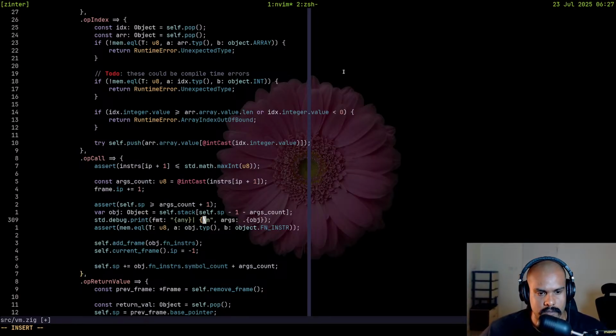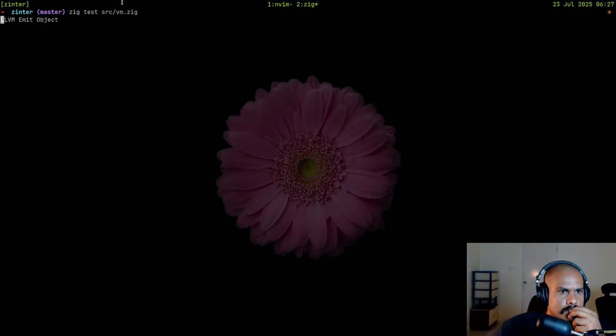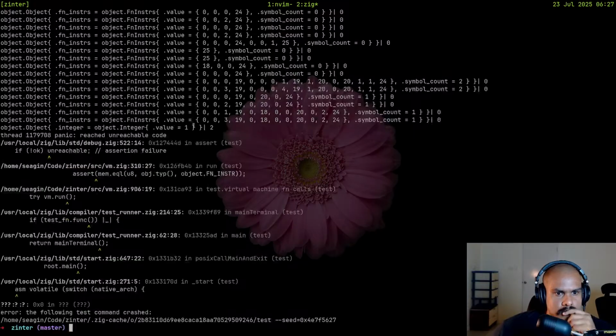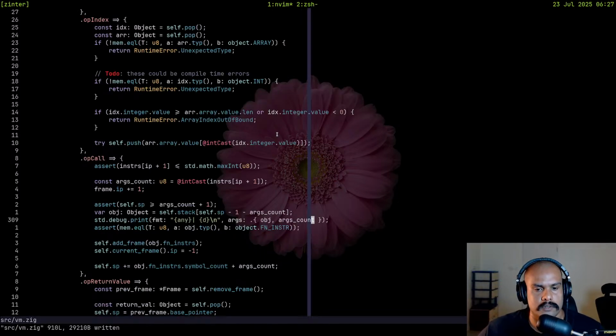Also want to print ox count. Two. What about the stack?